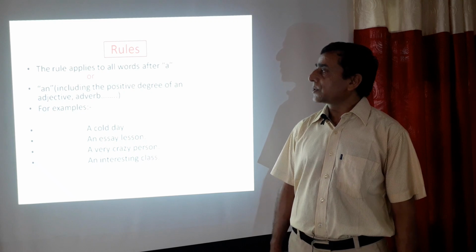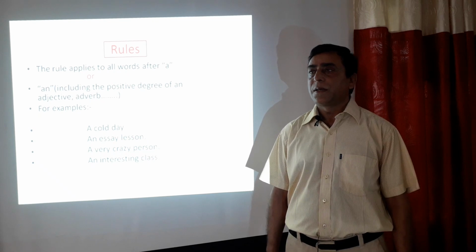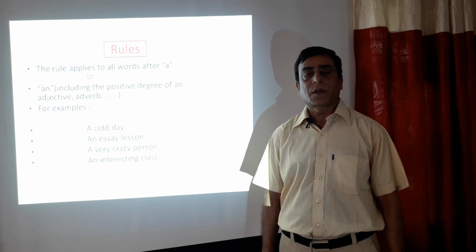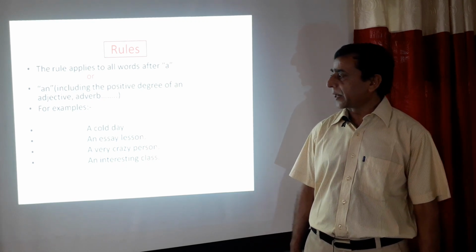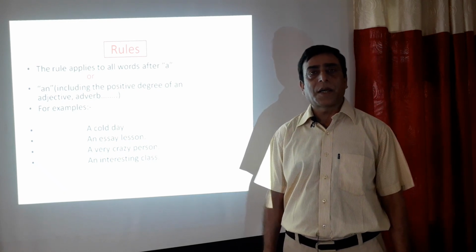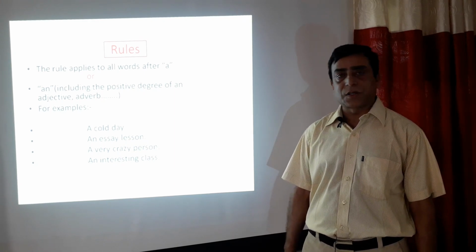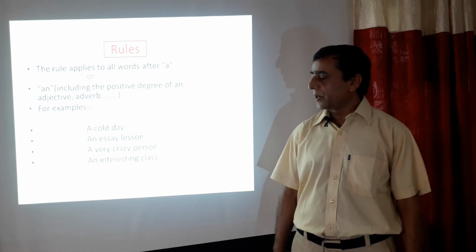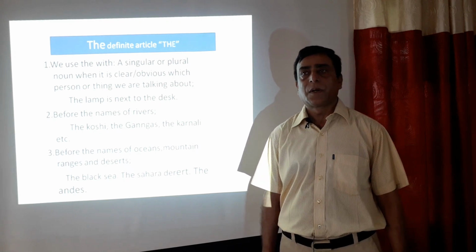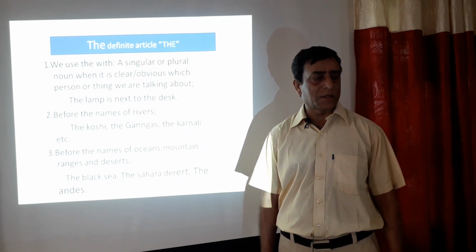Before it we use a or an, which we call the indefinite article. For example, a cold day. Second, an easy lesson. The third one, a very crazy person. Next one, an interesting class. These are the short rules of using a or an in a sentence.